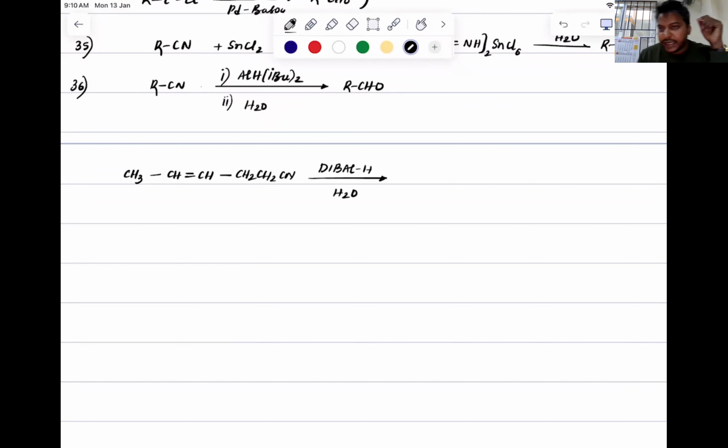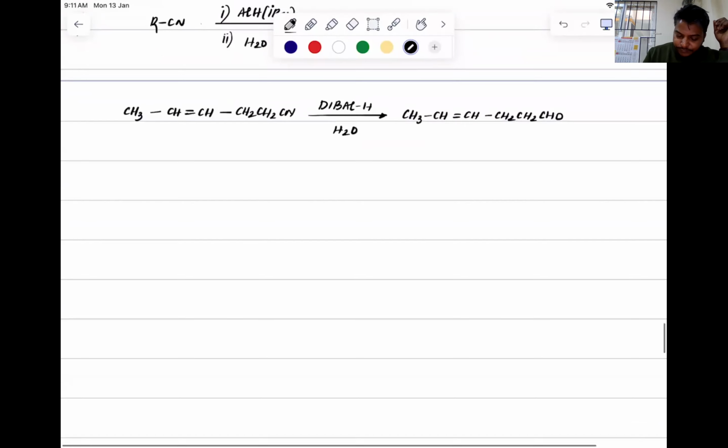See, as per NCERT, like I said, DIBAL-H is by default taken at minus 78 degrees centigrade. If nothing is mentioned, you should understand that we are always operating at minus 78 degrees centigrade. DIBAL is extremely selective. It will only react with these carbonyl groups or carboxyl groups and convert that into CHO.